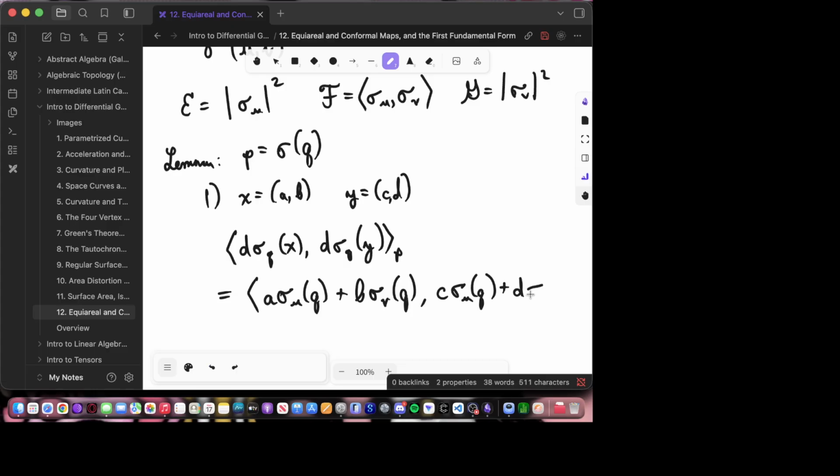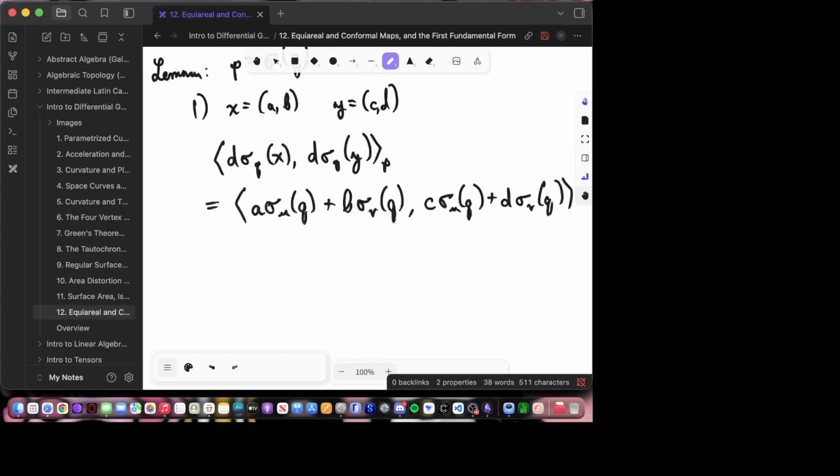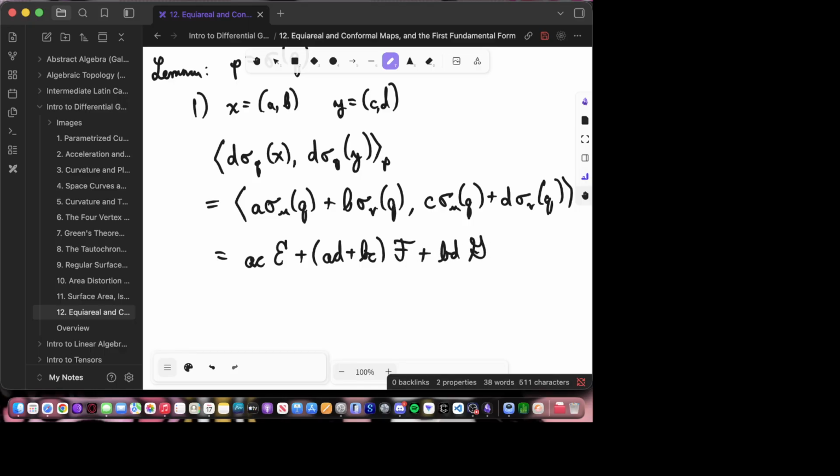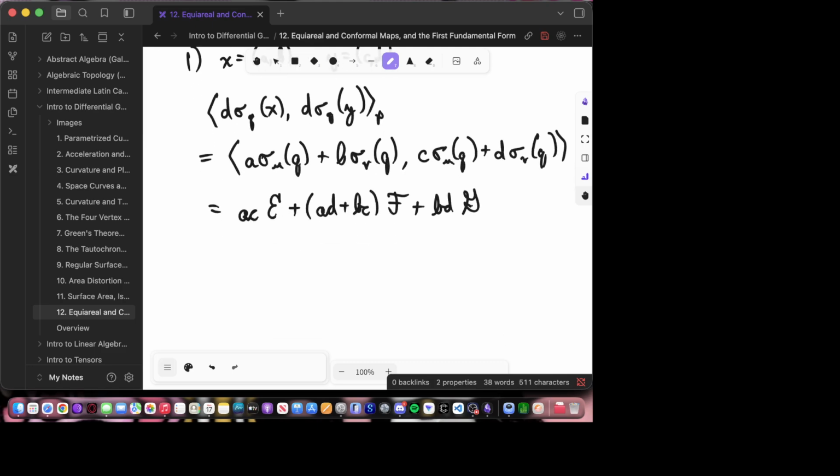And then that quickly becomes the properties of inner products. So that's our first lemma.